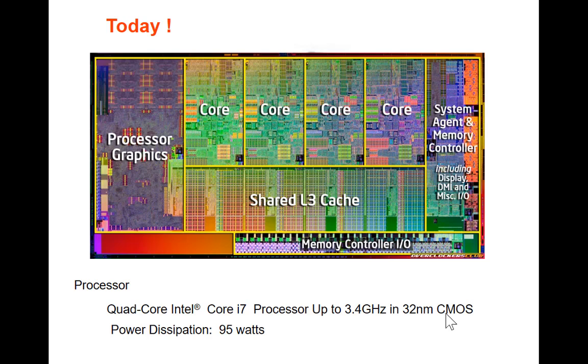Today, we might have something like a quad-core i7 processor, clock frequency around 3.4 gigahertz. This one happens to be in a 32 nanometer process, although they do have some now coming out around 10 nanometers, I believe. Power dissipation on this is 95 watts.